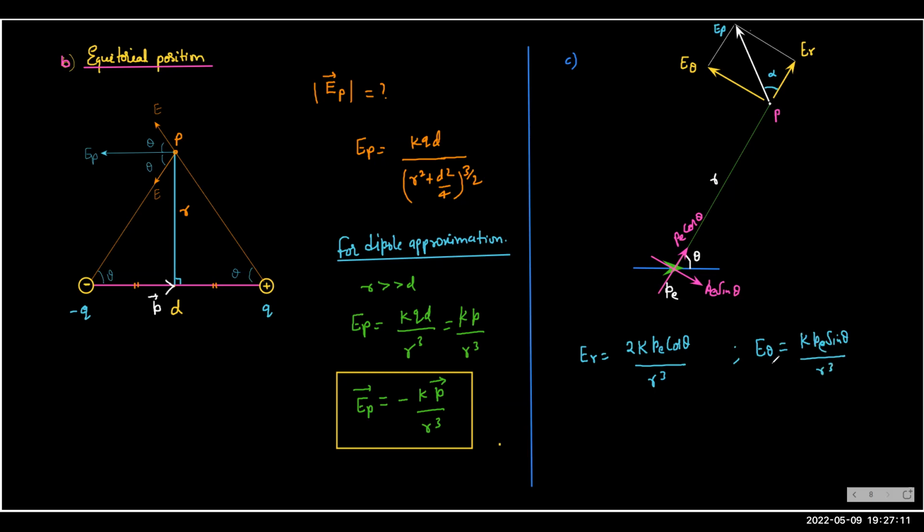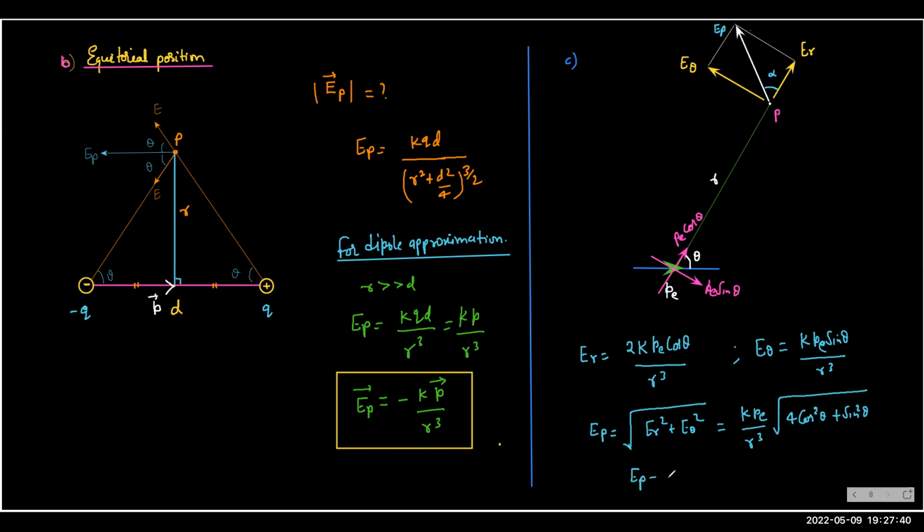Because the two components are mutually perpendicular, we can find the net value EP by taking the square root of the sum of squares of these two terms. We can take KP by R cube common, and we get 4 cos square theta plus sin square theta, right?